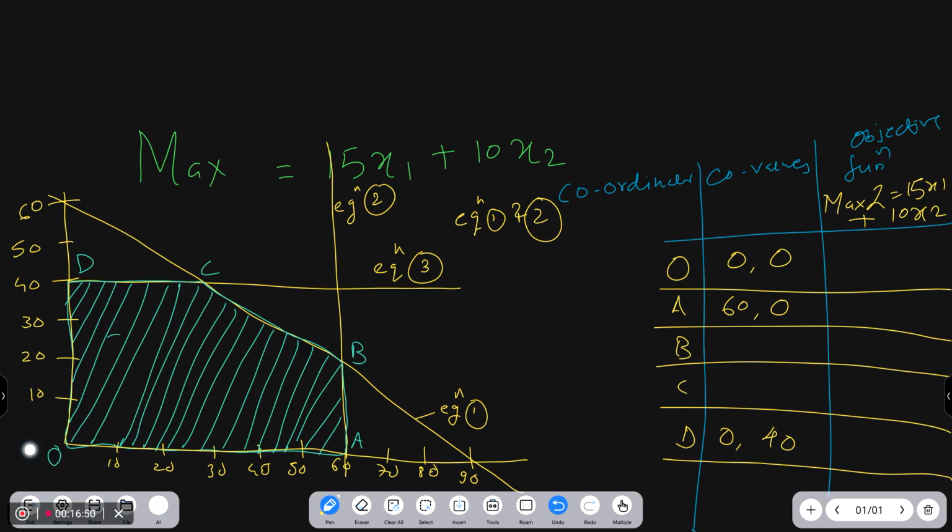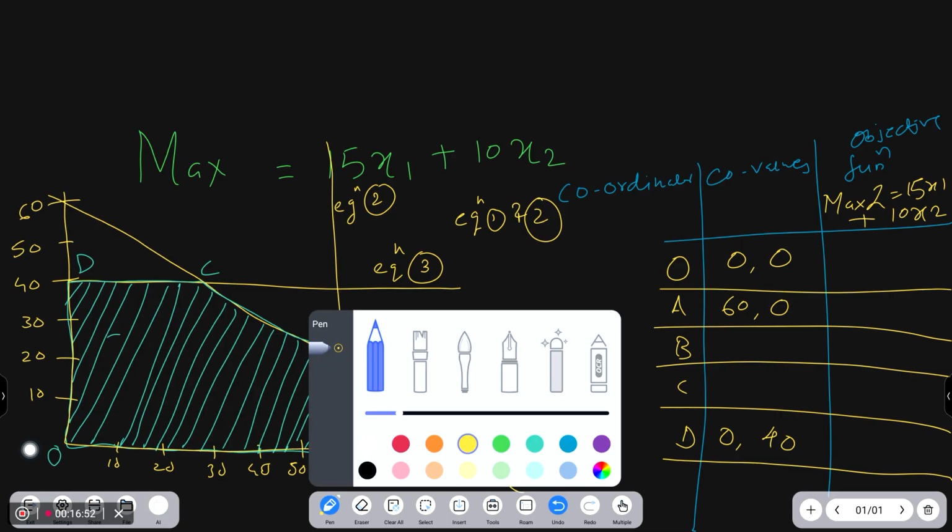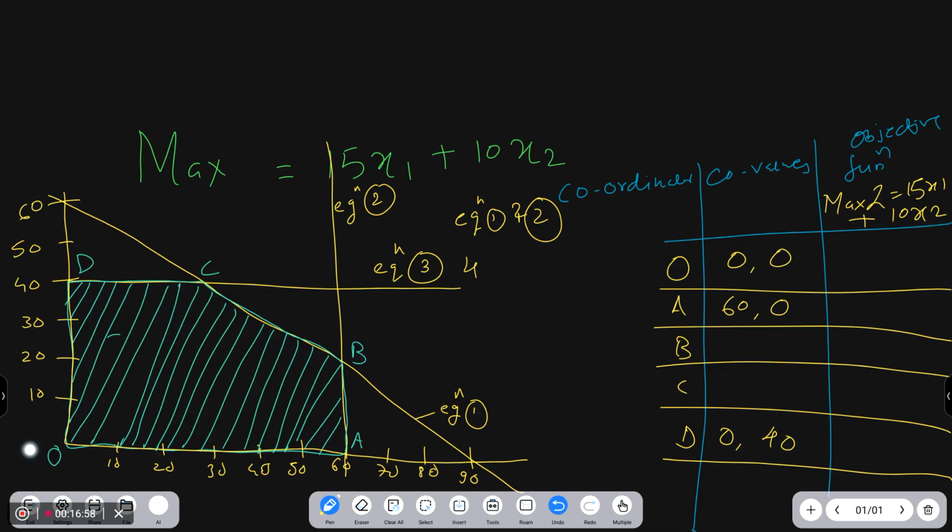Tell me, what is our equation number 1? 4x1 plus 6x2 is equal to 360. This is my equation number 1. What is equation number 2? 3x1 plus 0x2 is equal to 180.